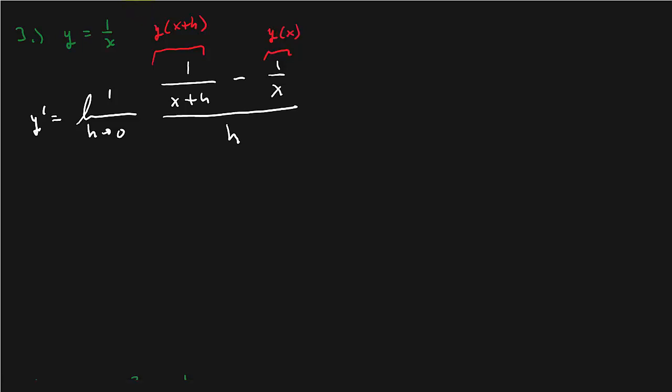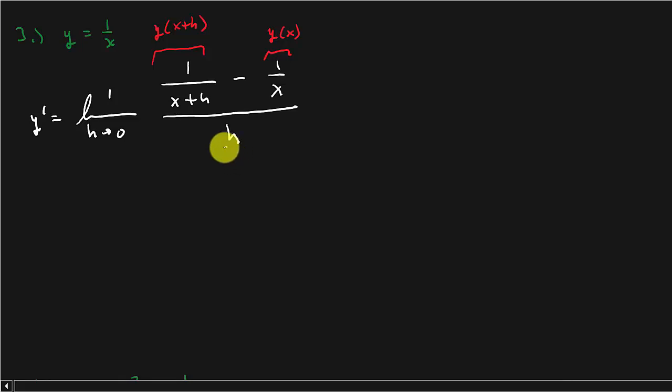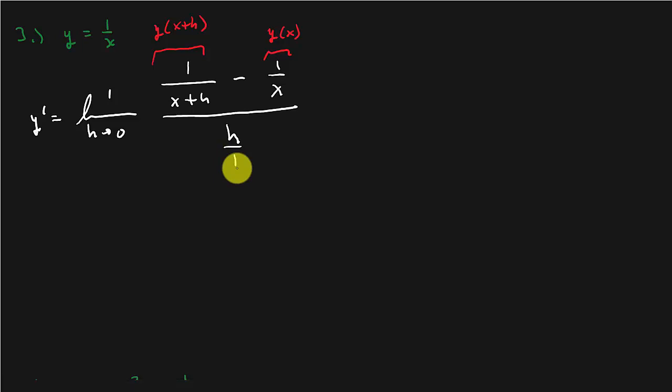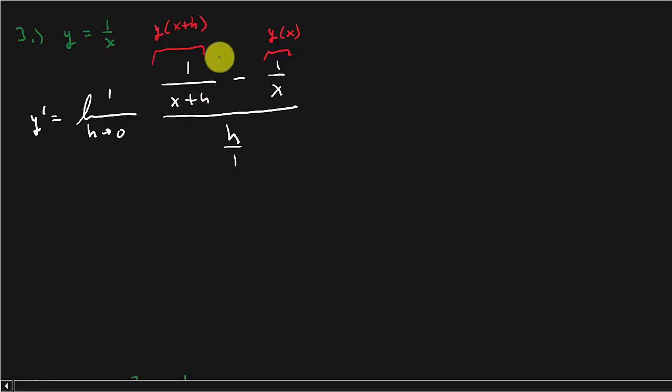And now comes the part where some of these can be difficult to simplify. This one is kind of one of them. It's not that bad, but look at it like a complex fraction. You probably remember that from algebra. You've got a fraction in the numerator and a fraction in the denominator.